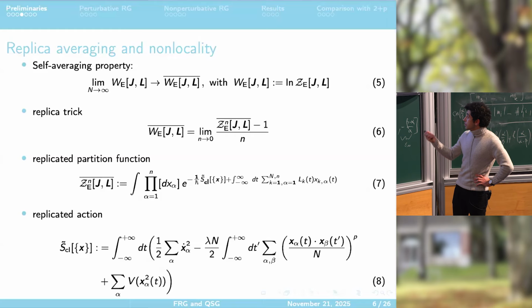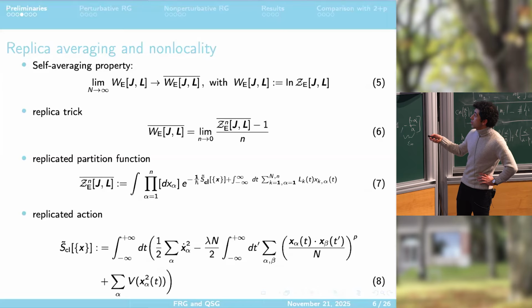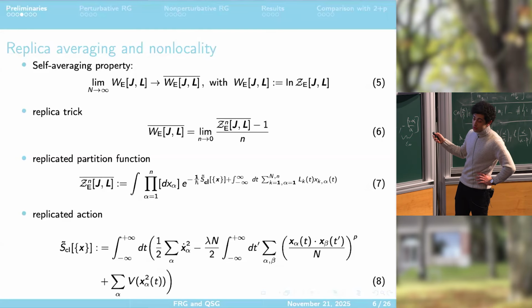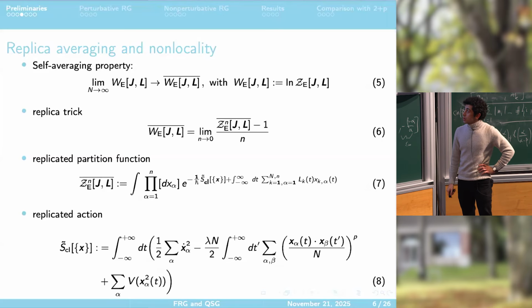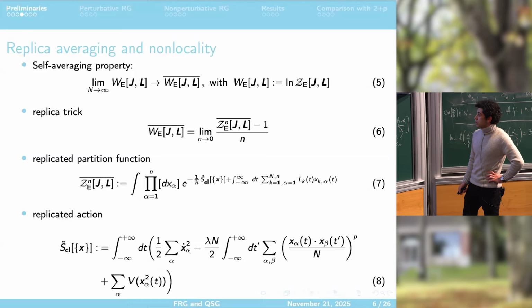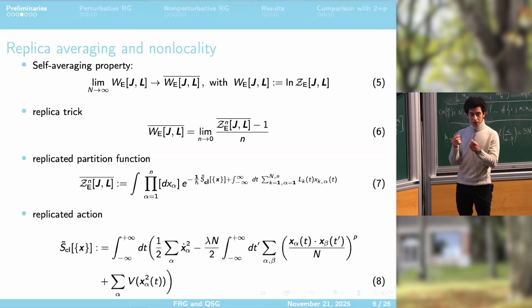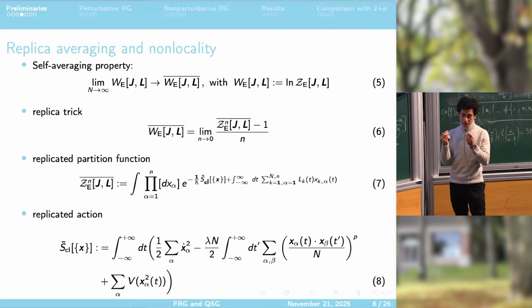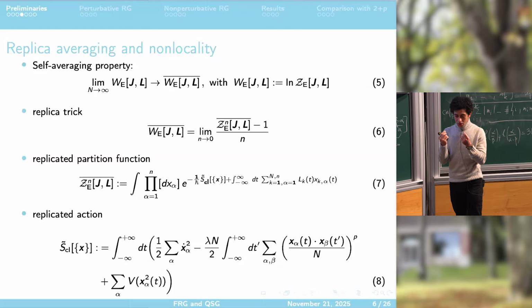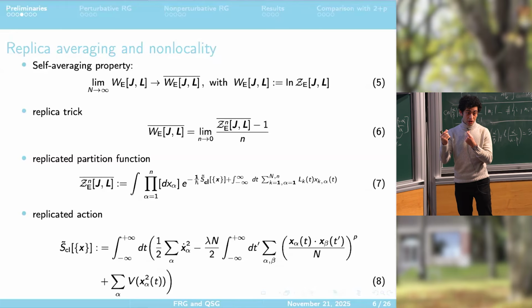But there is a term coming from integrating over the disorder J, which was the second term in our previous action, and this term is basically coupling different replicas with each other at different times.